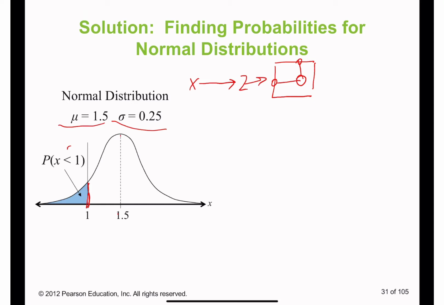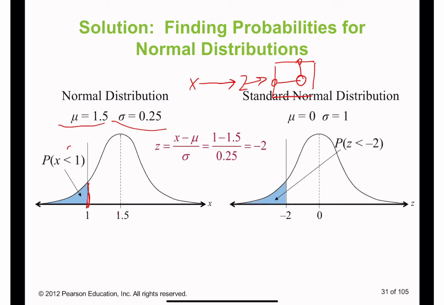So, z-score is equal to x minus mu over sigma, which is 1 minus 1.5 over 0.25, negative 2. Well, the fact that the z-score is already negative 2 tells me it's definitely gonna be less than 50%, remember?